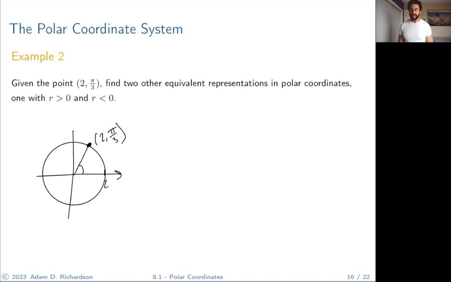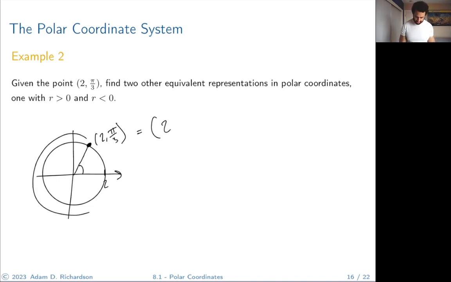All right, now let's find 2 other representations with the radius positive first. So basically, how else could I describe this point where I'm going to keep the radius of 2, but I need to find another angle that will land me at the same location? Maybe you can kind of think of it in your head. I can just add 2 pi, right?